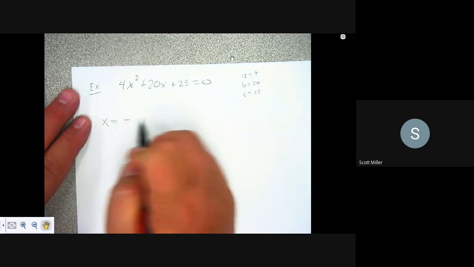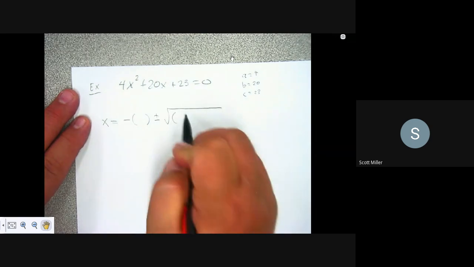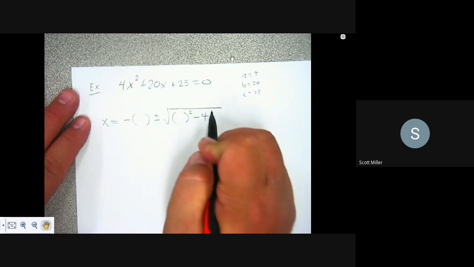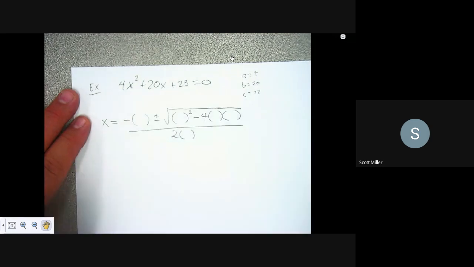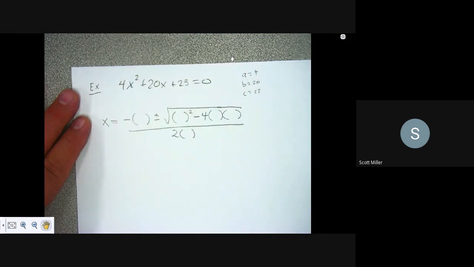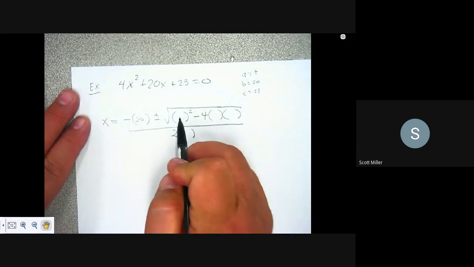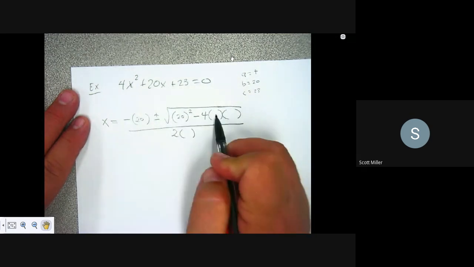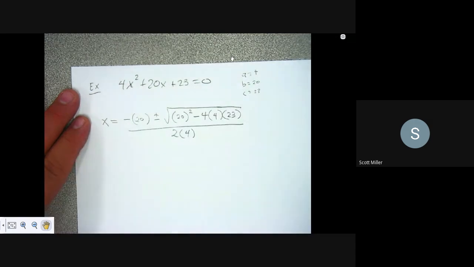X equals a negative b plus or minus the square root b squared minus 4 times a times c, and then all over 2a. And say the rule to yourself every single time you do it. Say it to yourself. So b is 20, b squared, a, c, a. Now I have plugged in the quadratic formula correctly. Any errors that I've made now are just because I did arithmetic wrong.